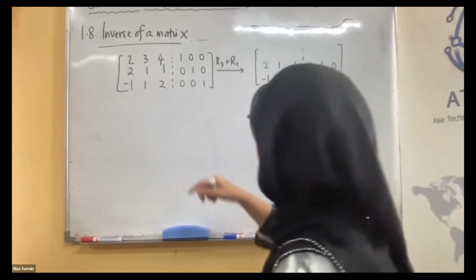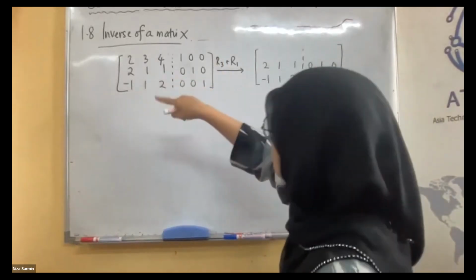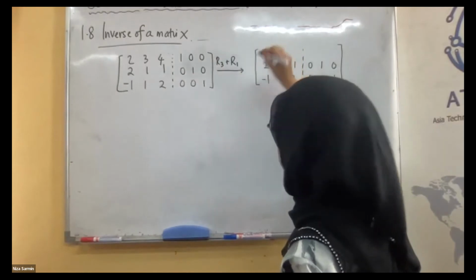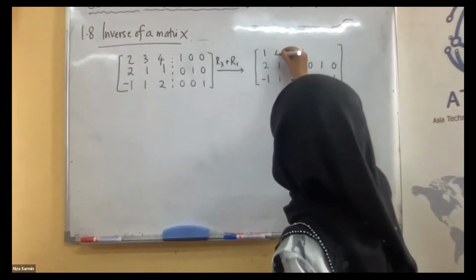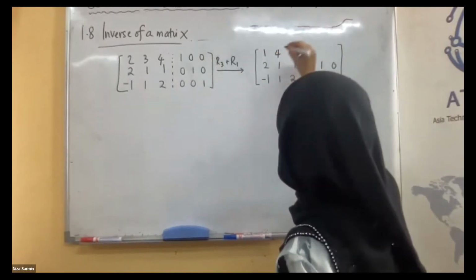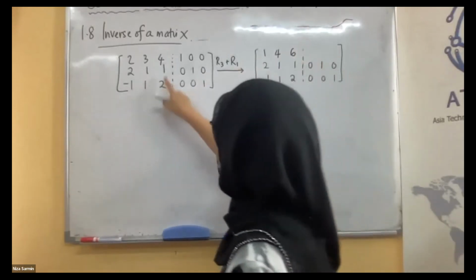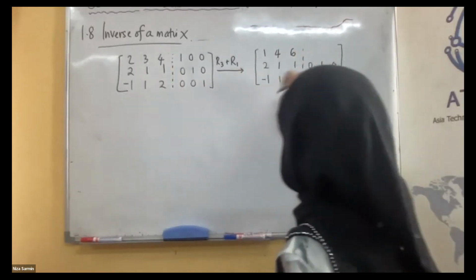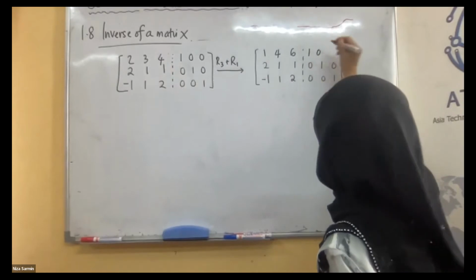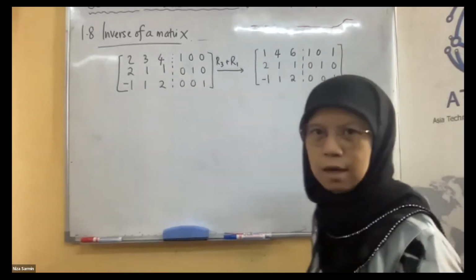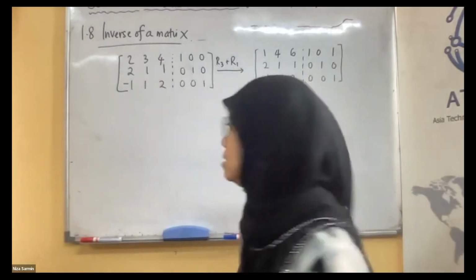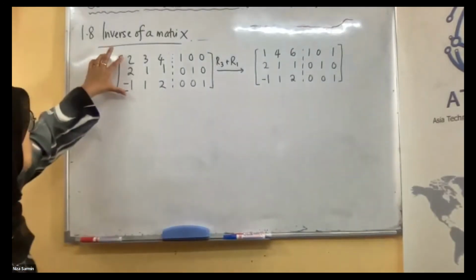Now you add row 3 plus row 1: -1 plus 2, 1 plus 3, add 6, add this one also, 1, 0, 1. I will do this again to make sure this is right.